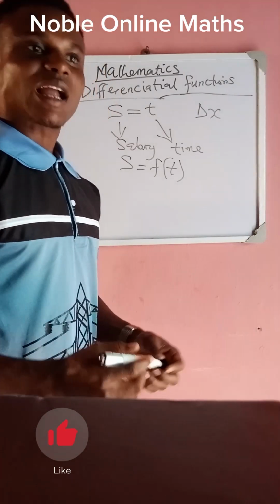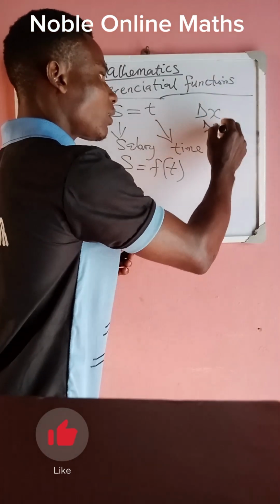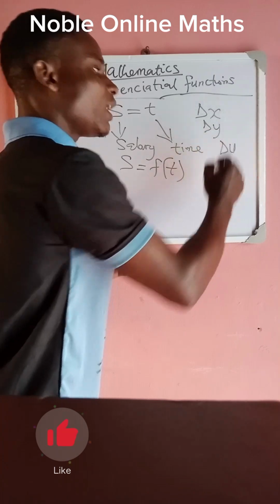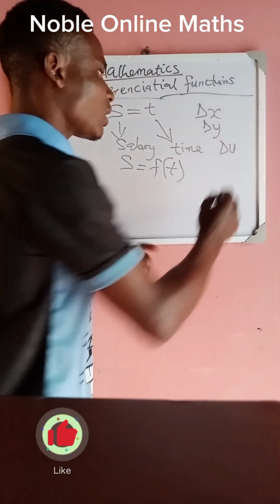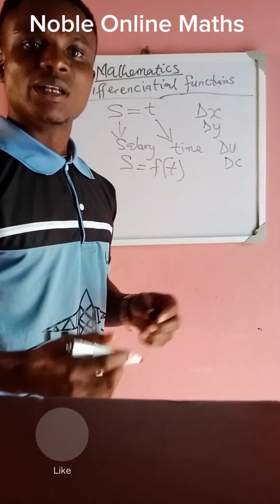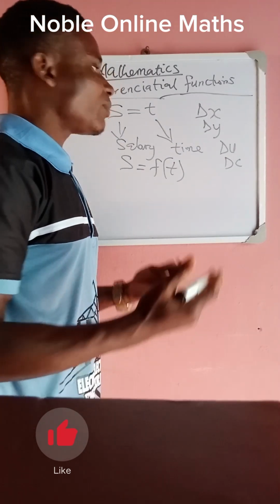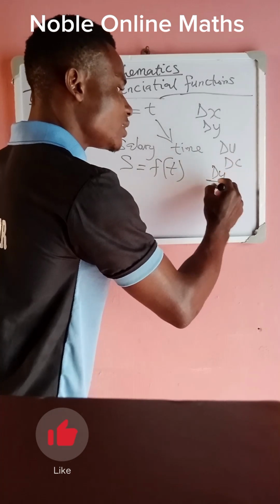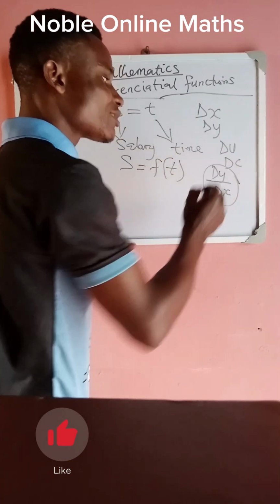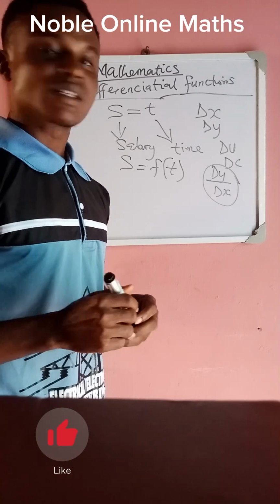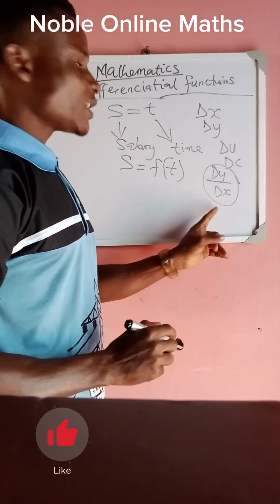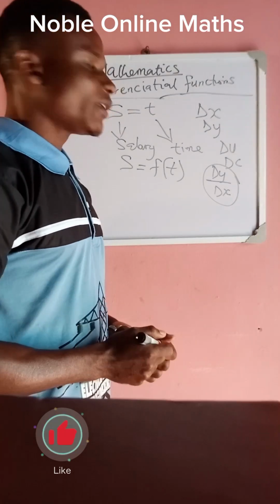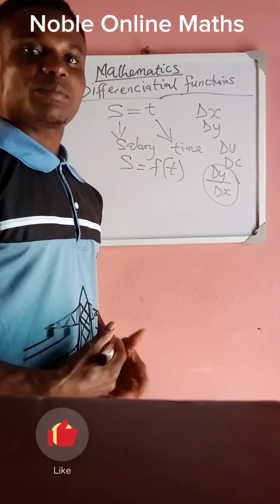The change can occur in y, in u, in c, and so on, determined by the variable you are using. So we have dy/dx. This is usually used in mathematics to find the change that occurred in a variable or in an expression.